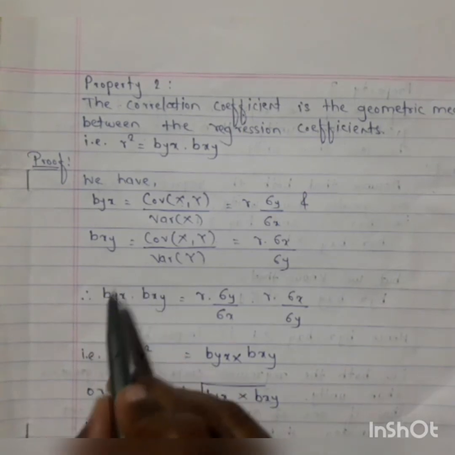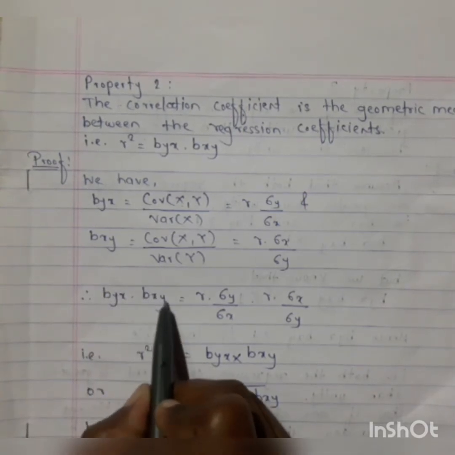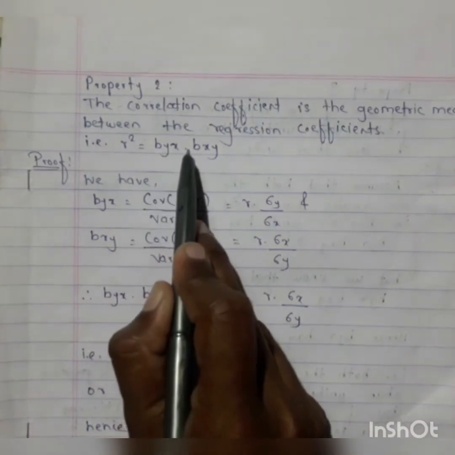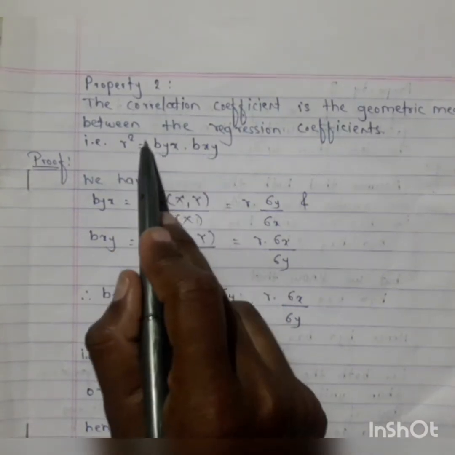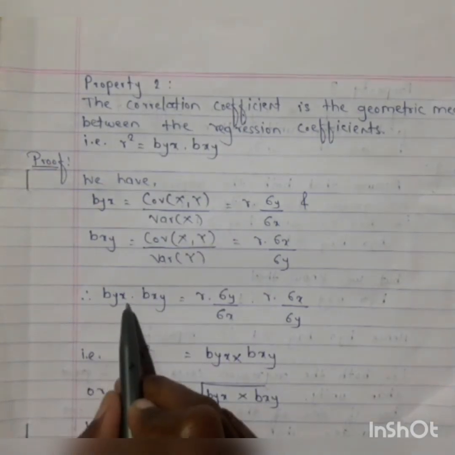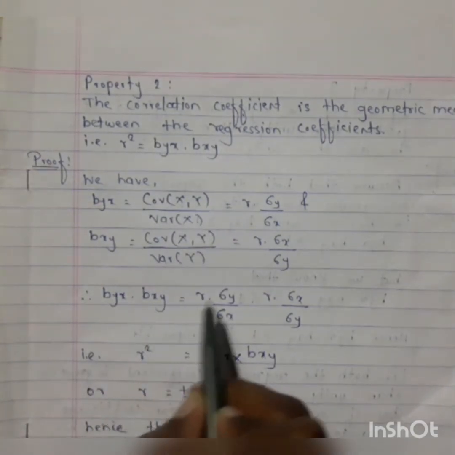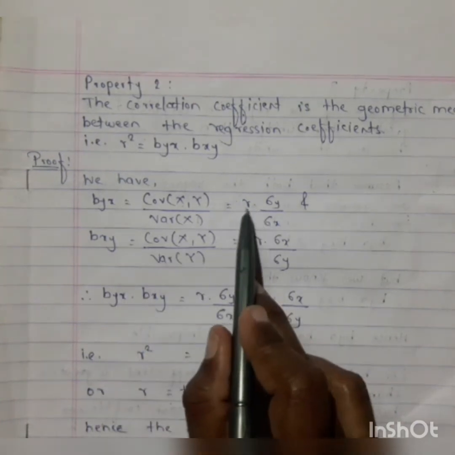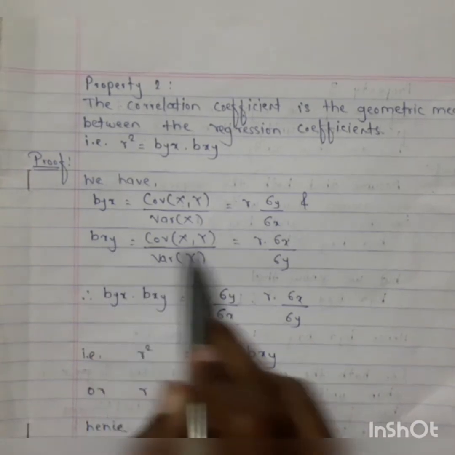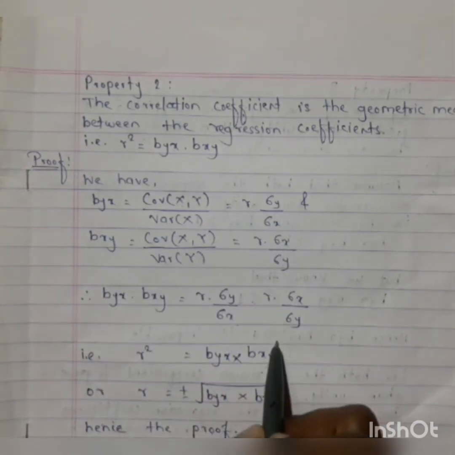Therefore, we have to prove r square is equal to byx into bxy. So consider the RHS of this equation, byx into bxy, where the value of byx is r into sigma y upon sigma x and the value of bxy is r into sigma x upon sigma y.